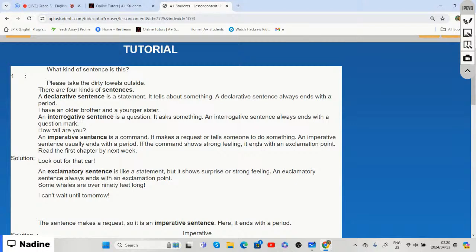Or: I cannot wait until tomorrow! It's like you're excited, you're happy because you'll be seeing your friends again, right? So that is basically our four different kinds of sentences. We have a declarative sentence, which tells something and it ends with a full stop.